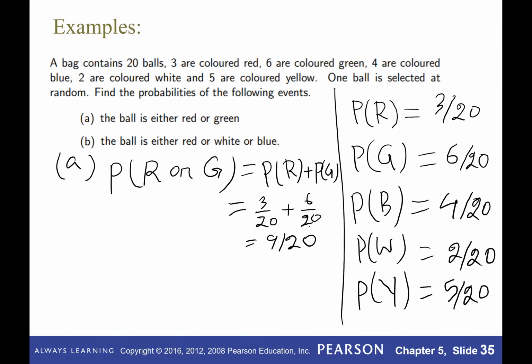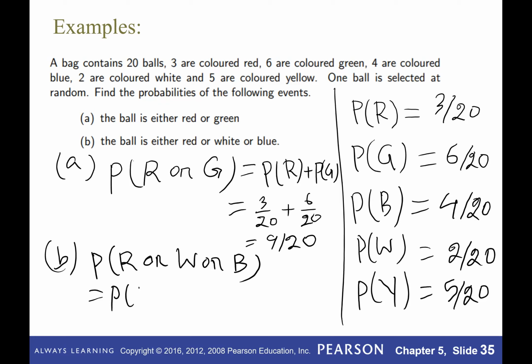Thank you. And for part B, we have to find the probability of red or white or blue. So it will be the probability of red plus the probability of white plus the probability of blue.